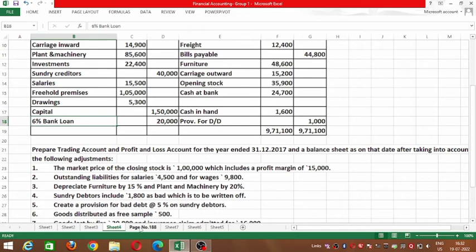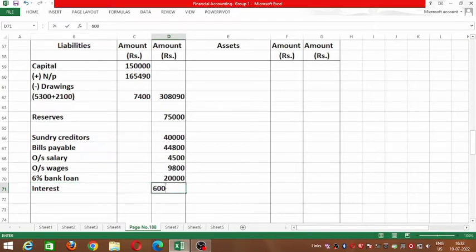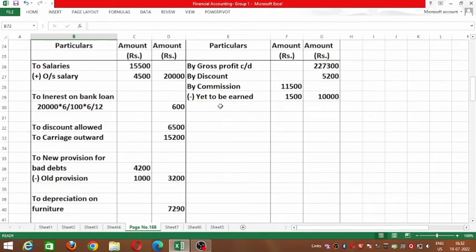We have 6% bank loan of rupees 20,000 and also interest we have not paid, that is 600. This amount also we have already calculated, and we can see it in the P&L account.